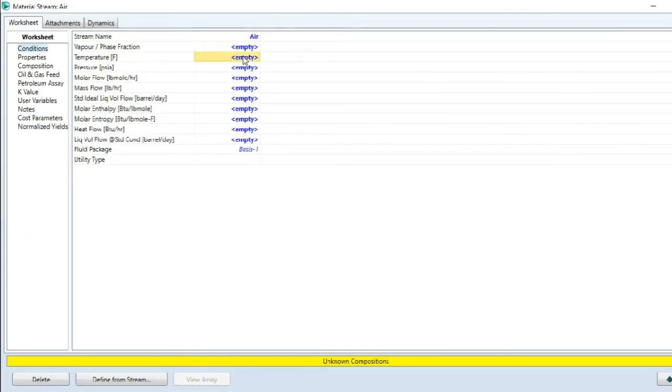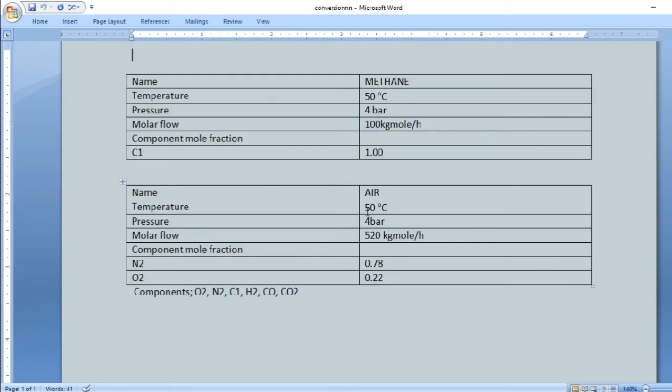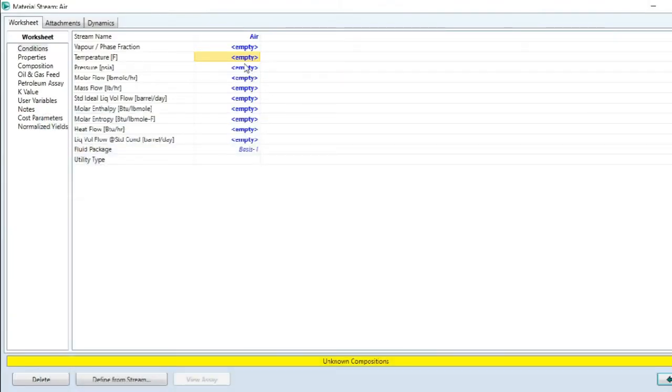Let's consult the question again: 50, 4 bar and 520. I have the temperature of 50 degrees Celsius, and 4 bar of pressure.